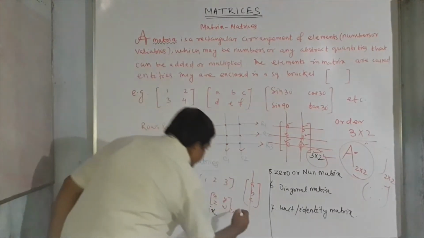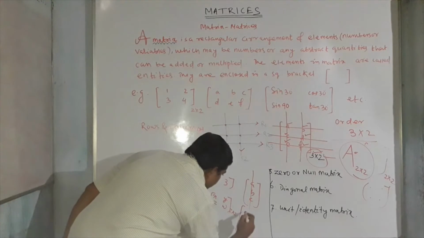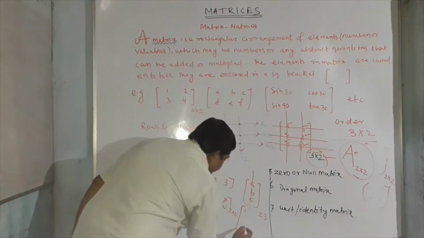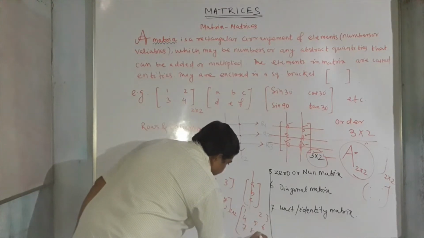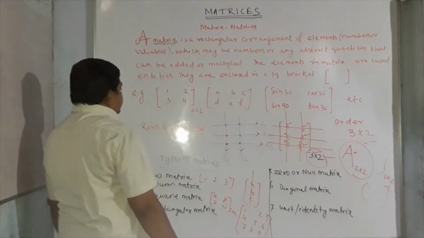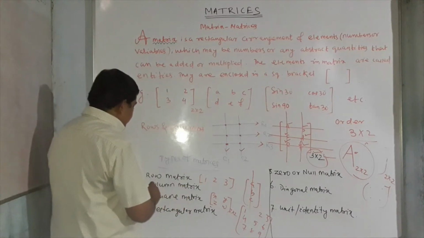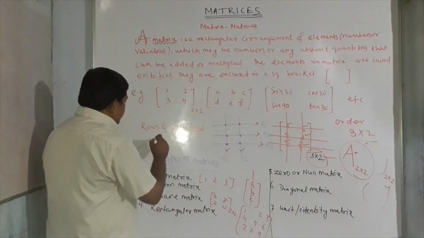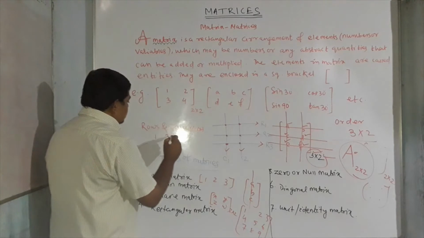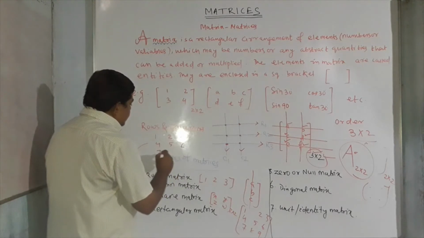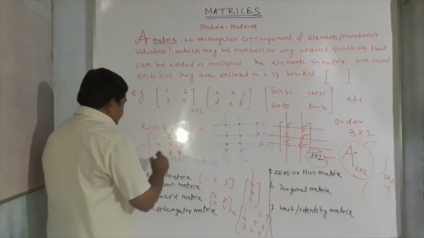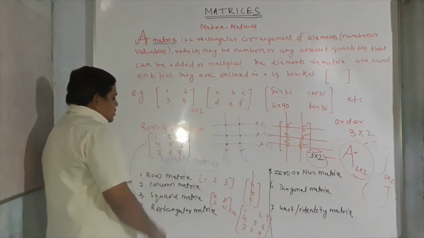So for 3 by 3 you write 1, 2, 3, 4, 5, 6, 7, 8, 9. I think it is not visible. So here you see the square matrix: 1, 2, 3, 4, 5, 6, 7, 8 and 9. This is the square matrix.